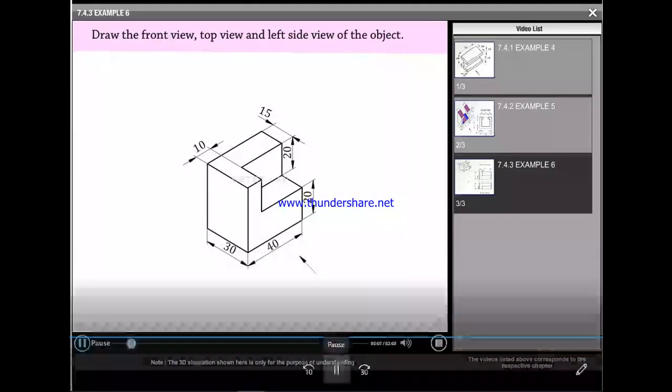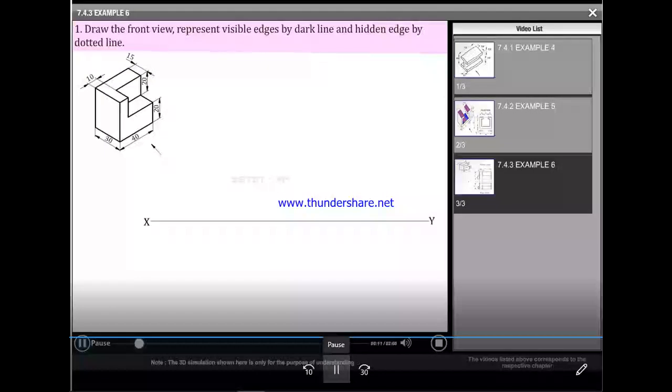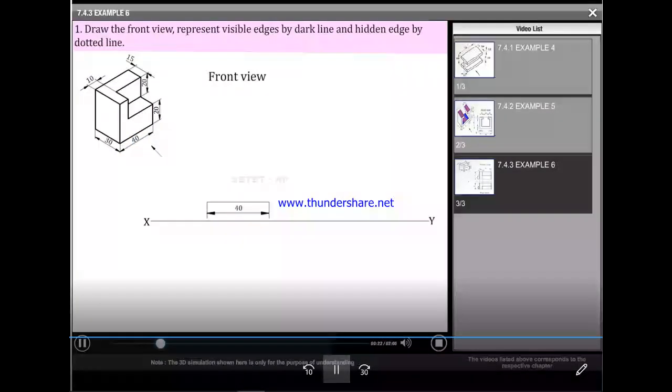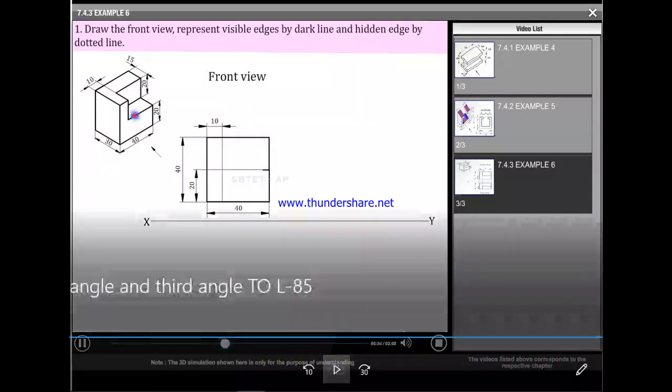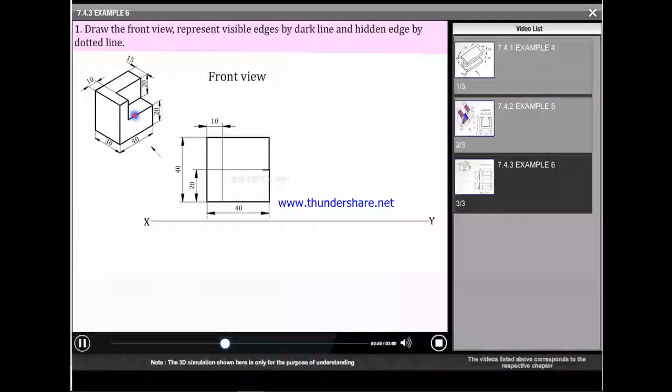First, complete the front view, show the dimensions, represent the visible edges by dark line and hidden edges by dotted line. This is the complete front view.